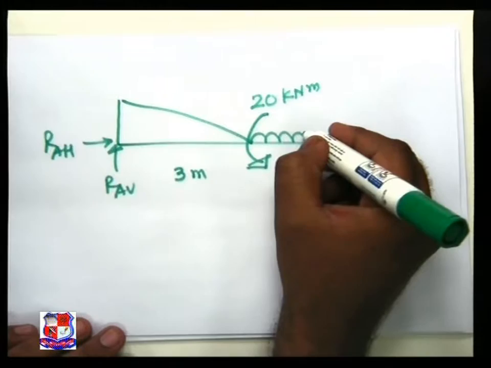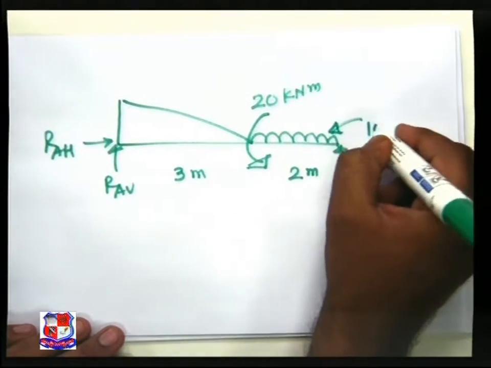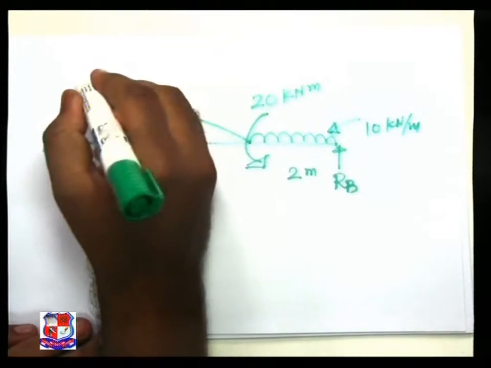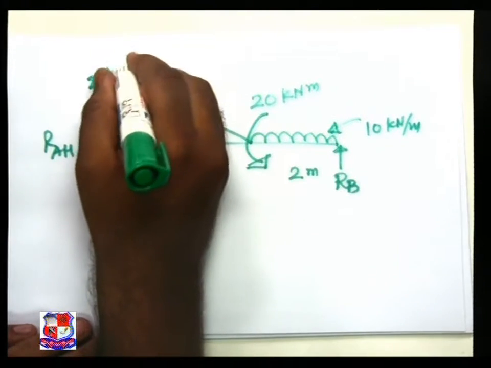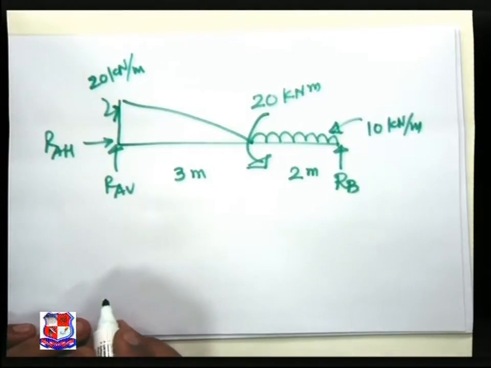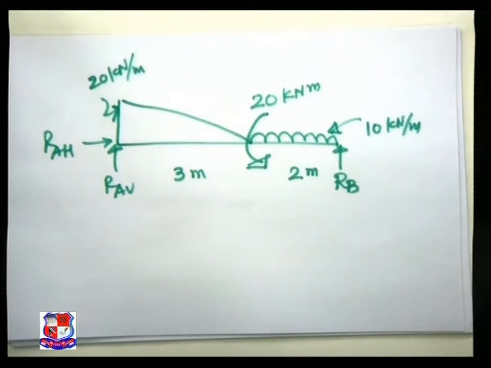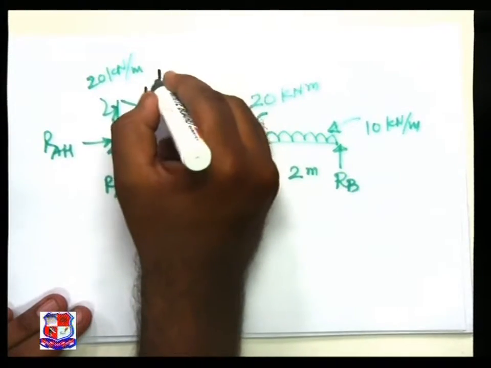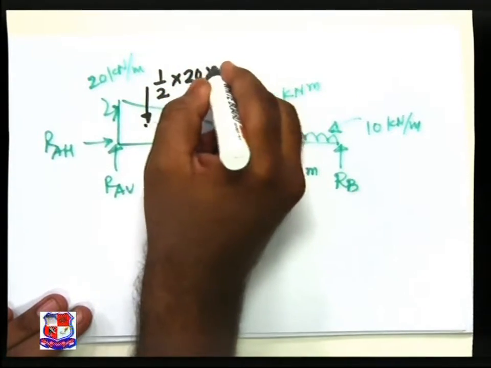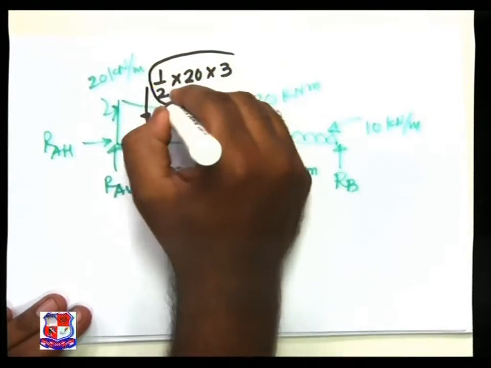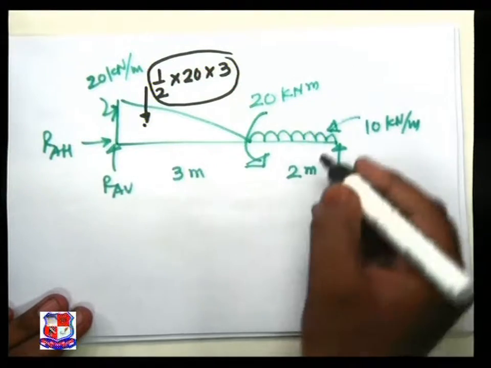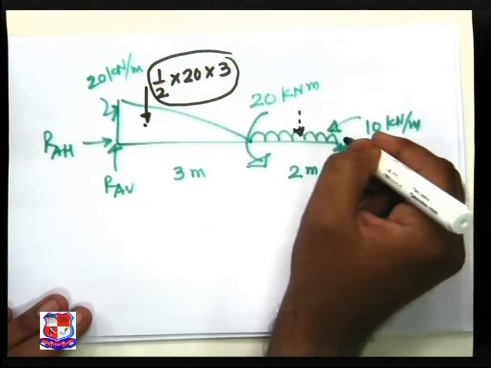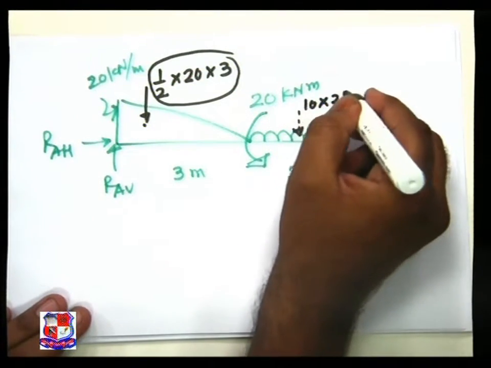The UDL is of 10 kilonewton per meter. The maximum magnitude of UVL is 20 kilonewton per meter. If we convert it in terms of the equivalent point load, half into 20 into length of 3, and here the equivalent point load for the UDL is 10 into 2.